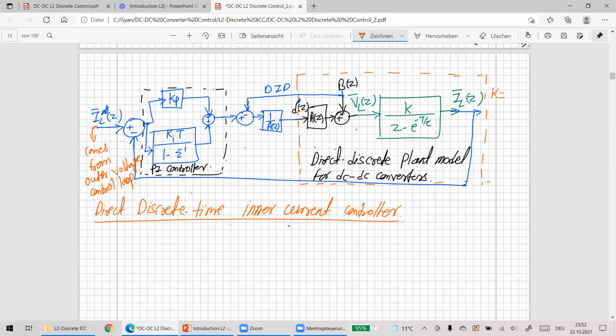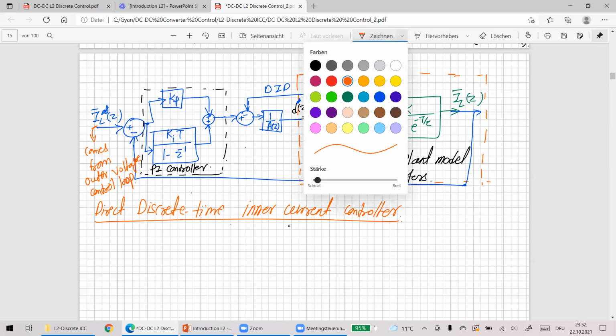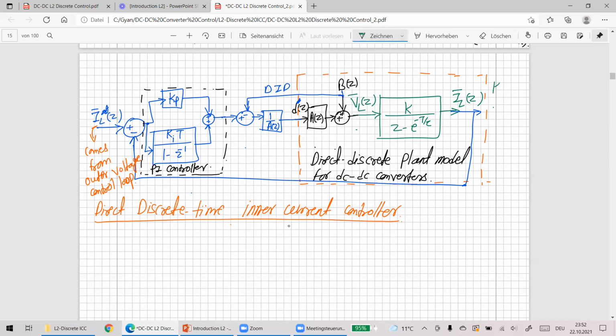So K is equal to 1 minus e power minus T over tau, divided by R, where tau is equal to L over R. So this is our direct discrete inner current controller.